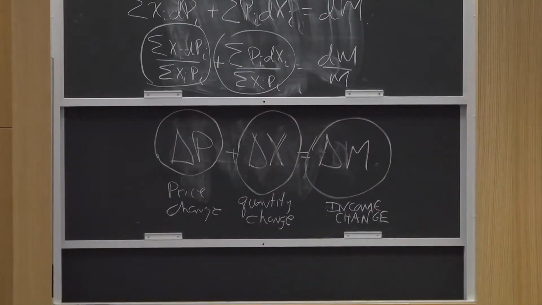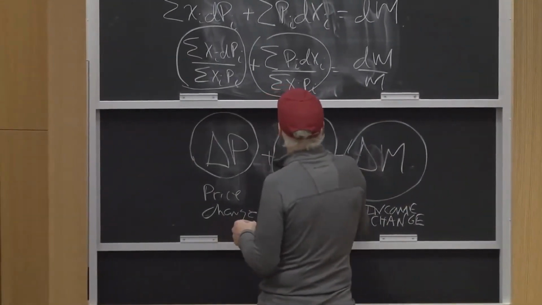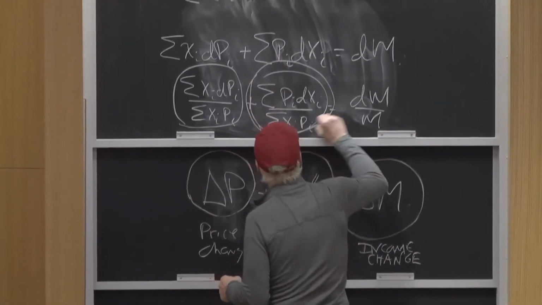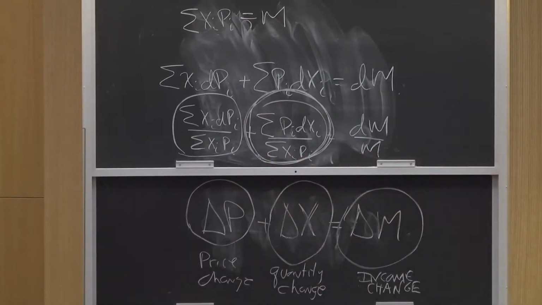And I want to ask you a question: why is that a reasonable way to think about the change in consumption or the change in quantities? Any idea why that's a sensible measure? Why economists might say that's a pretty good way to measure the change in consumption.